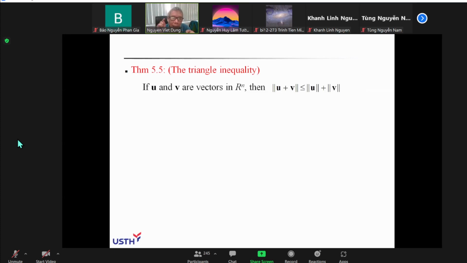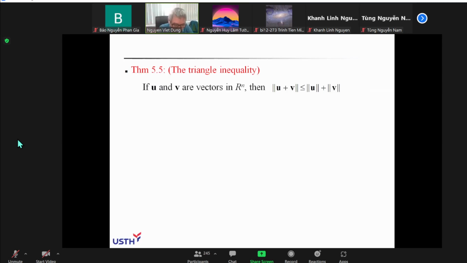Then the inequality now becomes exactly the triangle inequality you know already in the high school. In the high school, you have the following one. Given a triangle on the plane, then the length of one side is always less than the sum of the lengths of the two other sides.